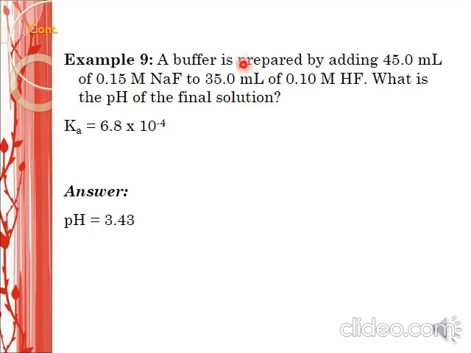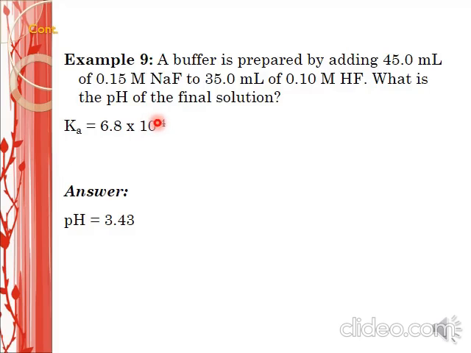So here the buffer is being prepared by mixing 45 ml of 0.15 molar sodium fluoride to 35 ml of 0.1 molar hydrofluoric acid. So the buffer is being prepared using a weak acid and its conjugate base. Given Ka for hydrofluoric acid is 6.8 times 10 power negative 4.